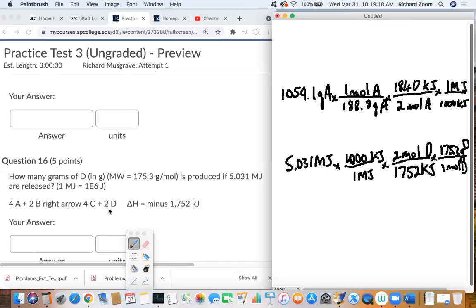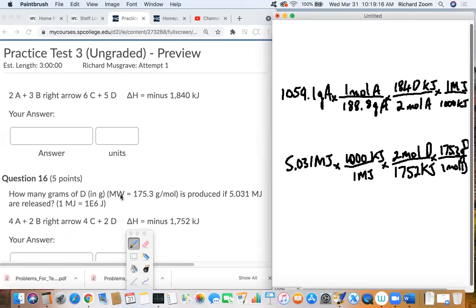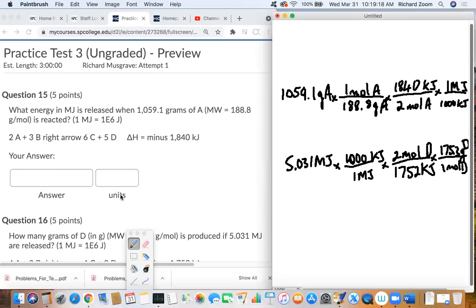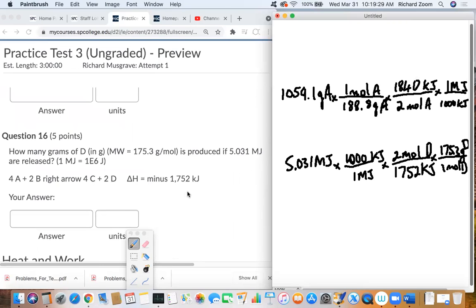Yeah. So 15 will be 1 mole A because it has 1 before it. For 15? No, it's 2 moles of A because it's got a 2 in front of the A. Oh, okay. And that's where I got that from up here. Thank you. All right.